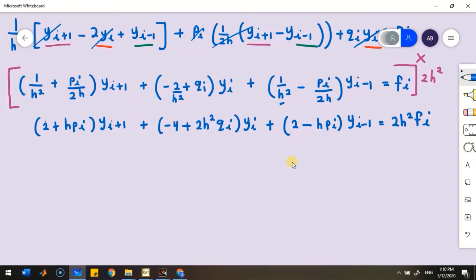Now how does this system look like? So recall that i is from 1 to n.